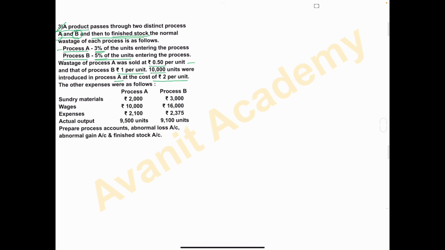The other expenses were as follows. Sundry materials in process A amount is 2000, process B 3000. Wages A 10,000, B 16,000. Expenses in process A 2100, process B 2375.